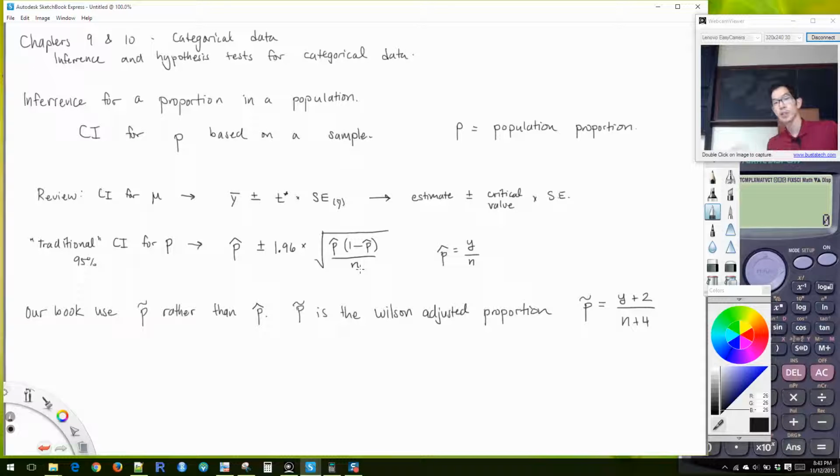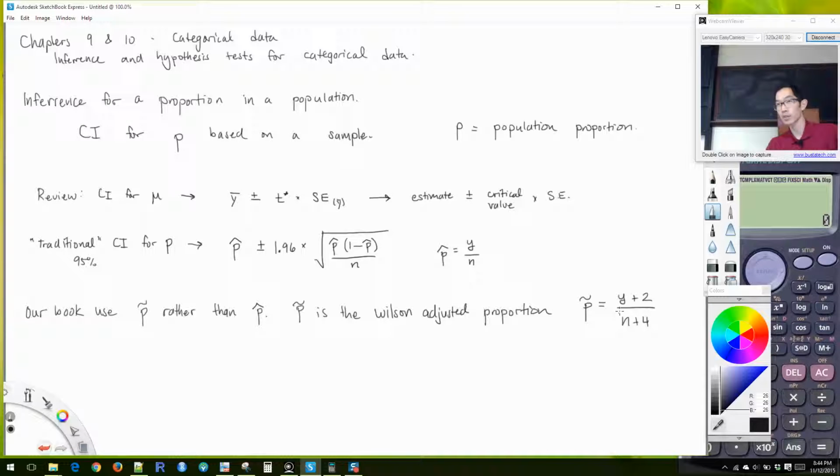And so what the Wilson adjusted proportion does is it says, we're going to pretend like we saw 2. Okay, it just throws in a 2. So it just takes it away from that 0. Okay? And then to compensate, it also sticks on 4 on the bottom.